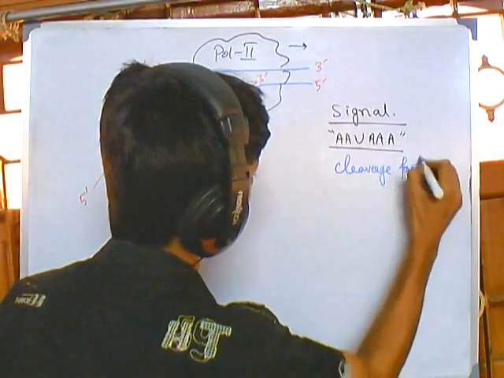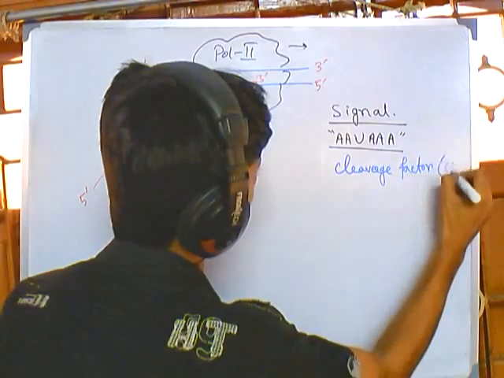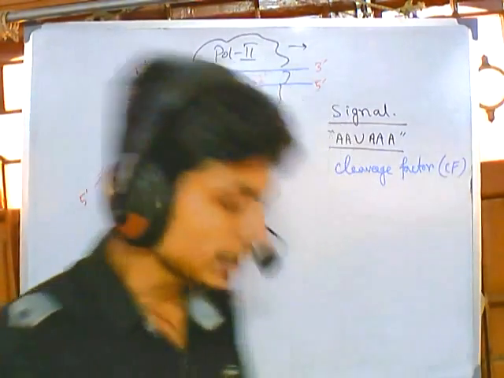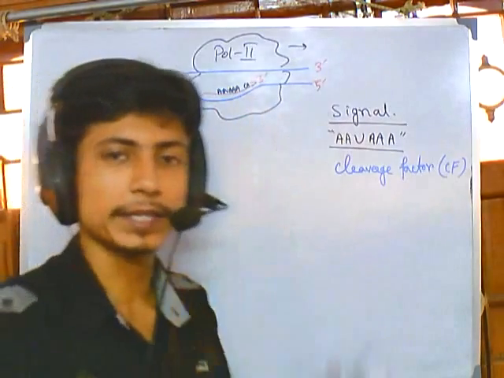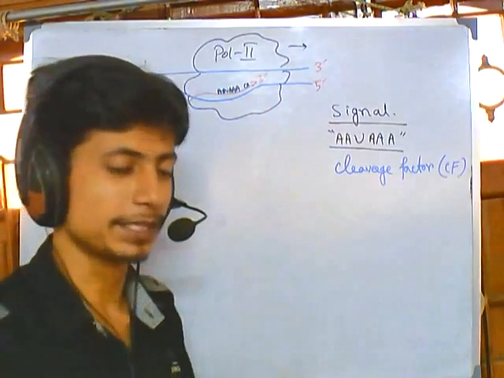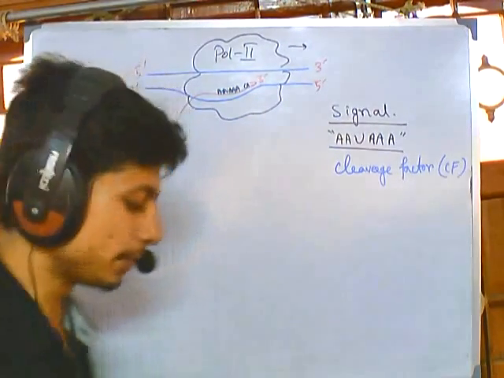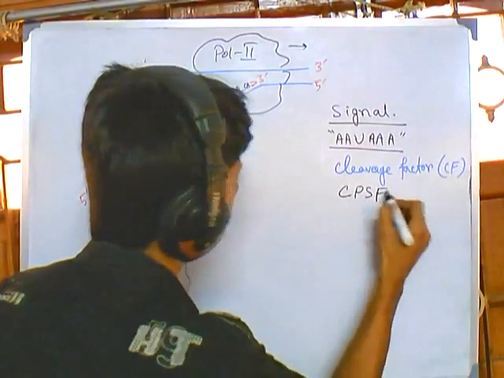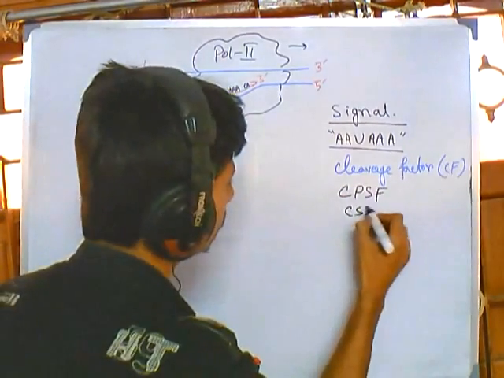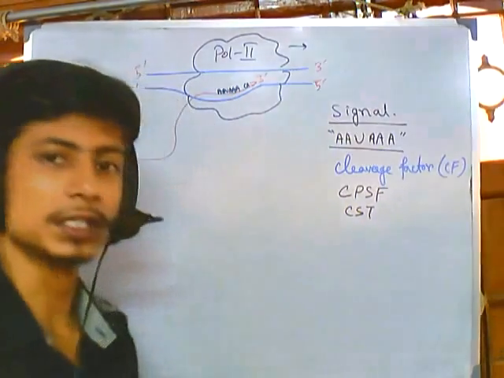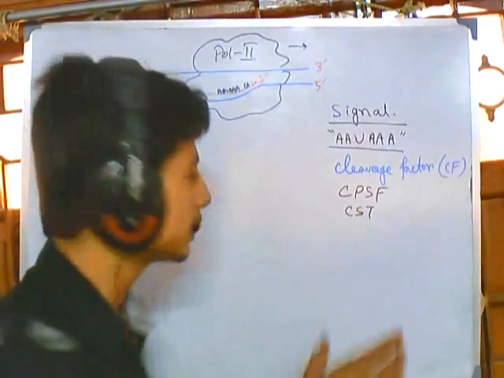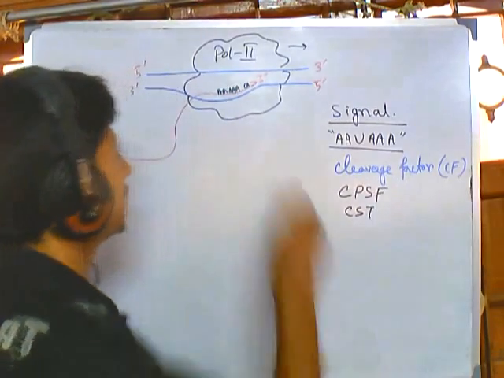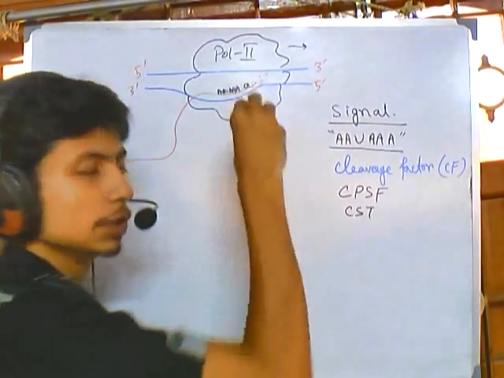There are also accessory factors like cleavage and polyadenylation specificity factor, or CPSF, and also CstF, cleavage stimulating factor. So there is cleavage and polyadenylation specificity factor that will recognize these two regions.